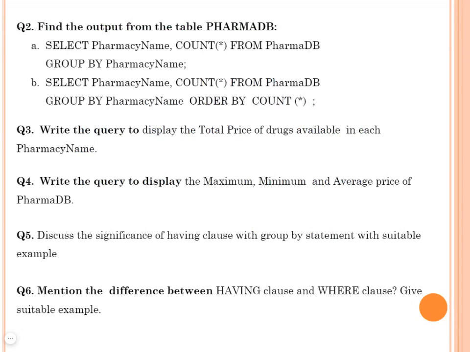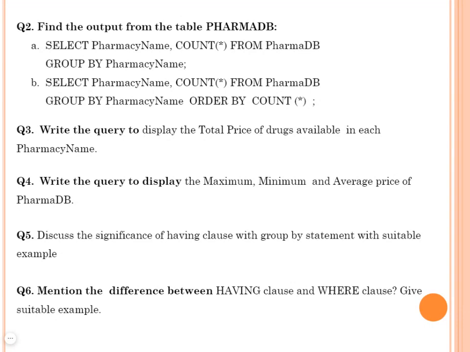Next is question 2. Find the output of the following. First one is the query. Second one is again a second query. You have to find its output. Question number 3. Write the query to display the total price of drugs available in each pharmacy name. Question 4.